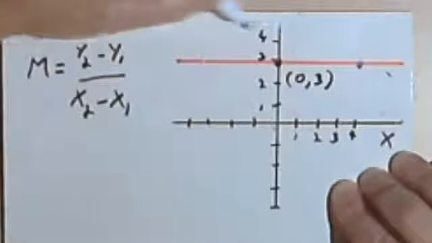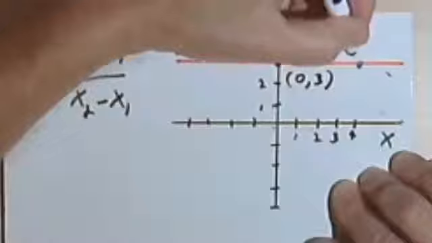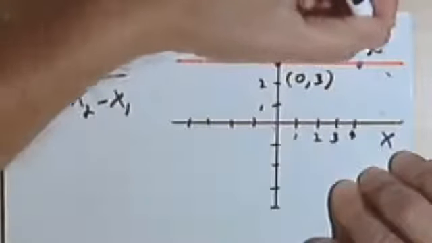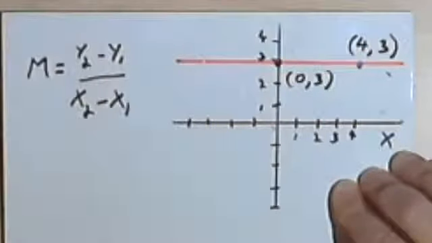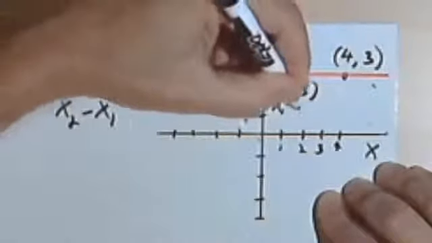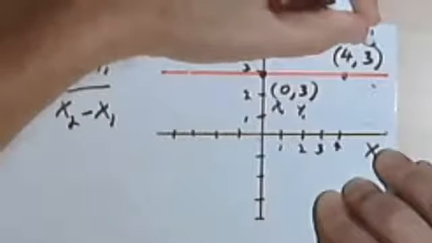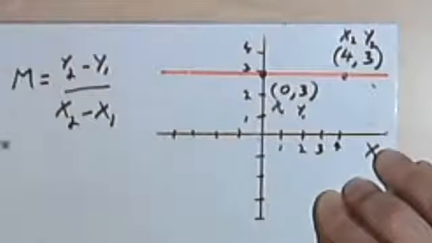And we'll take this point, which looks like it's at 4, so this would be (4, 3). And we could call this x sub 1 and y sub 1, x sub 2 and y sub 2.